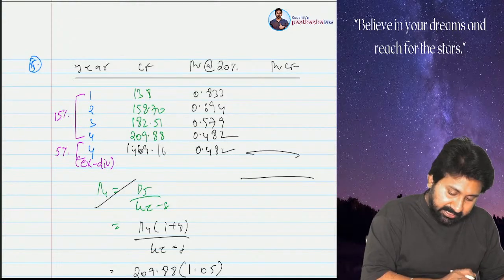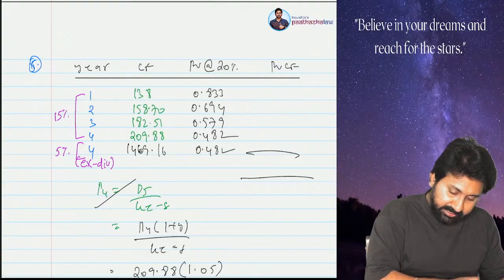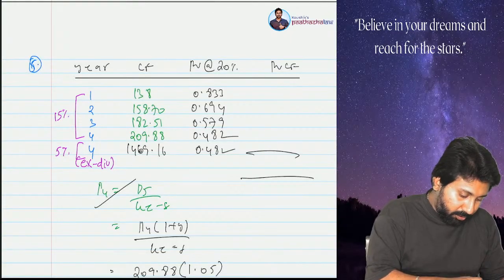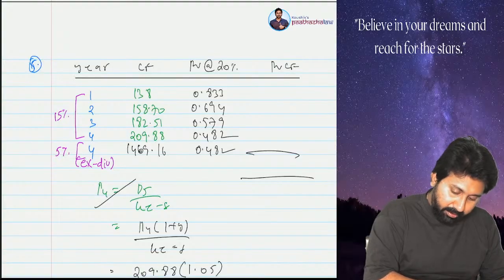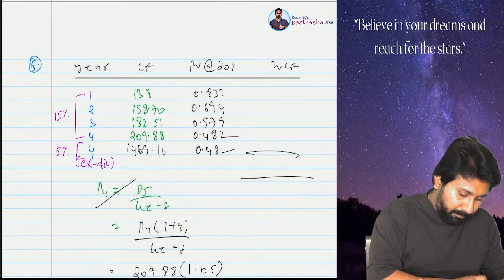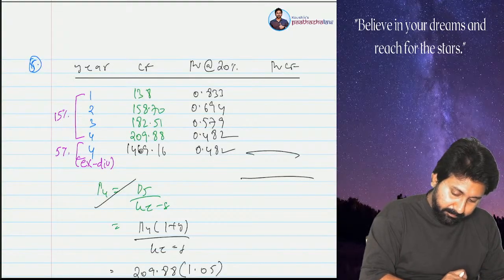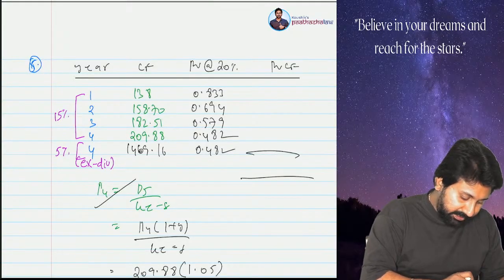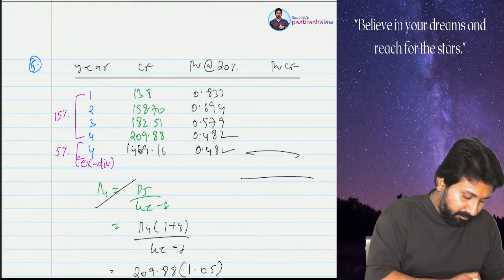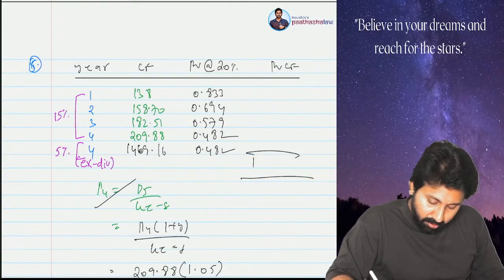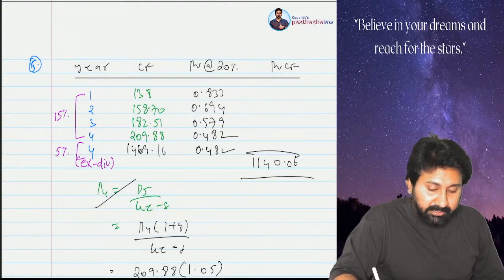Everyone reply with the answer. 0.833 M plus, 158.7 into 0.694 M plus, 182.51 into 0.579 M plus, 209.88 into 0.482 M plus, 1469.16 into 0.482 M plus, MRC. The answer is 1140.06.